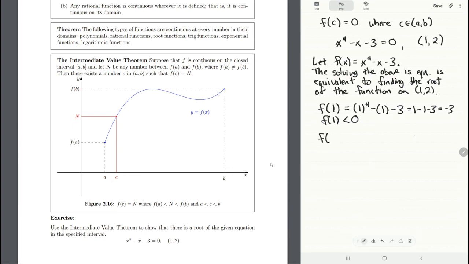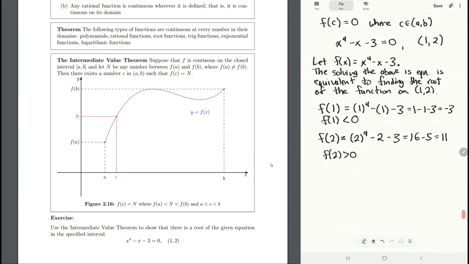Now let's have a look at f of 2. So f of 2 is 2 to the power of 4 minus 2 minus 3. So that is 16 minus 5, which is 11. So this tells us that f of 2 is positive.